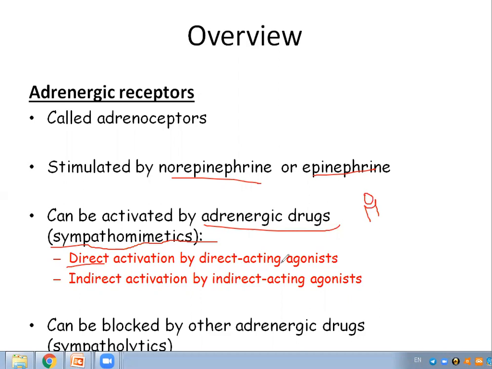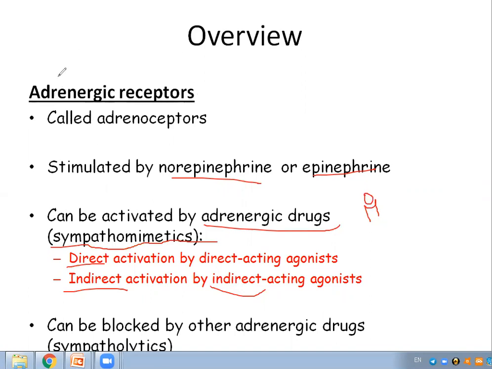The second type of activation by the adrenergic drugs is indirect. So indirect, this is by indirect acting agonists. I mean that the agonists come and activate a cascade in the signaling pathway of the norepinephrine and the epinephrine. So this signaling pathway is considered an indirect activation.